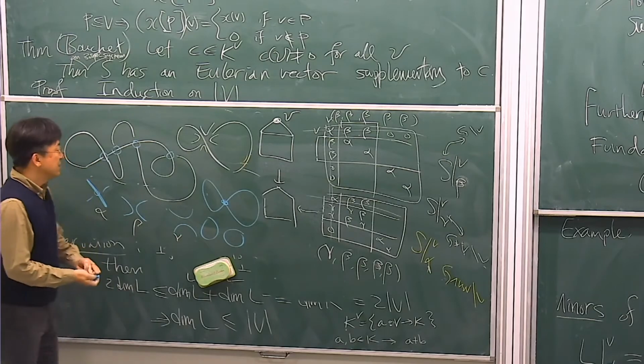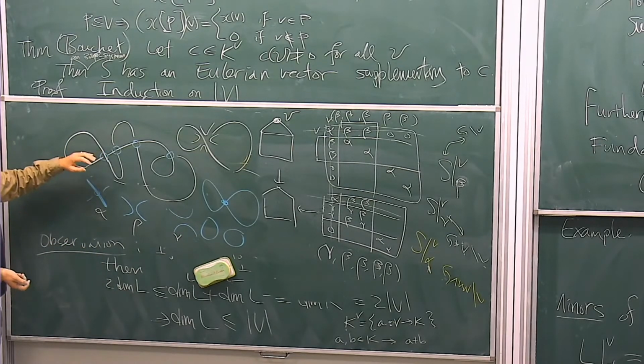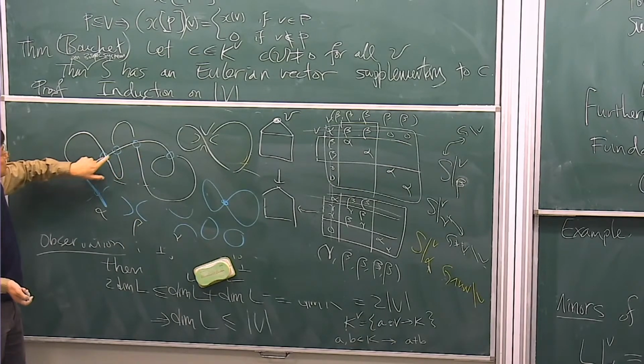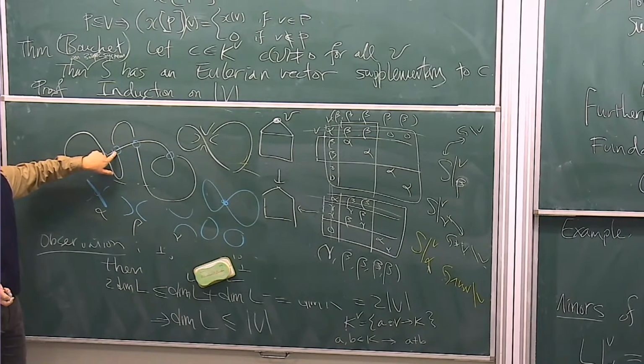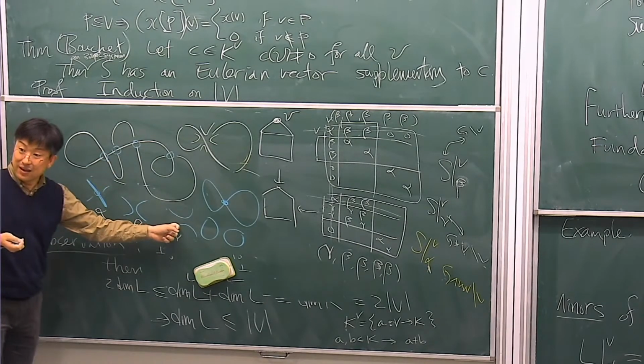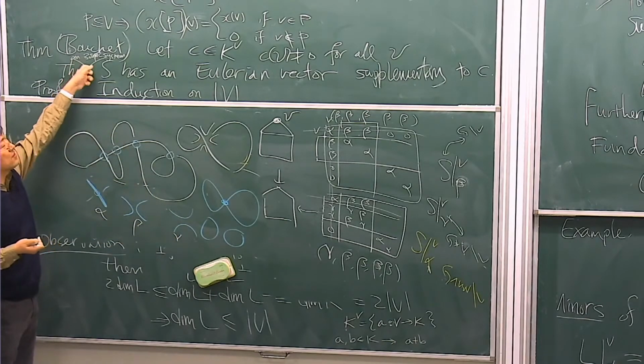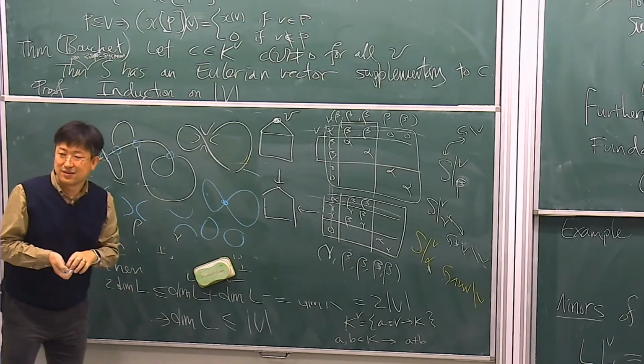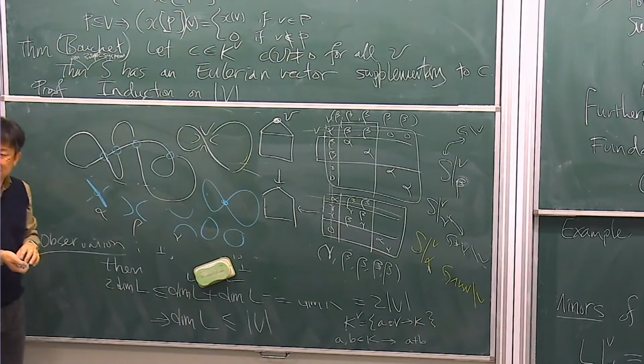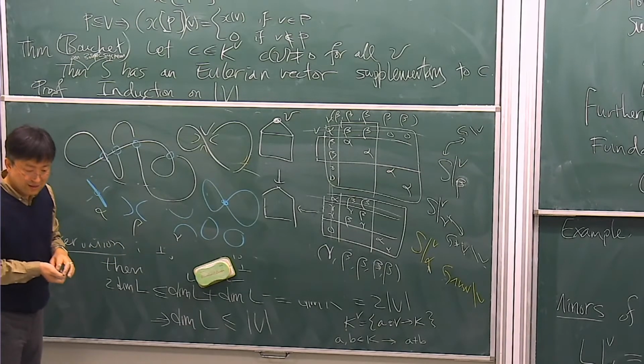There was an old theorem that if you have a four regular graph and at each crossing you forbid one possible type, then there exists an Eulerian circuit avoiding it. That's the combinatorial version of this. So whenever you have an Eulerian vector, there's always one choice to switch any coordinate to get a new Eulerian vector.